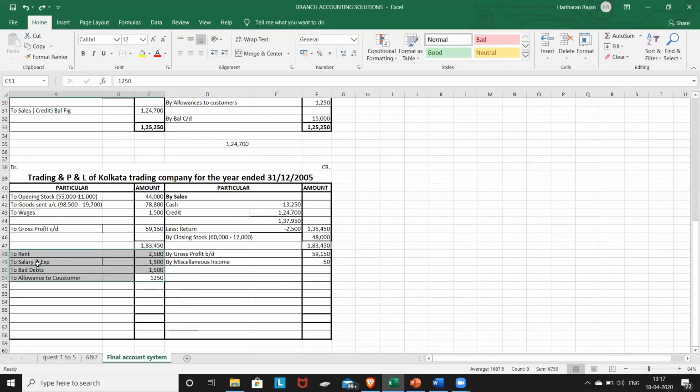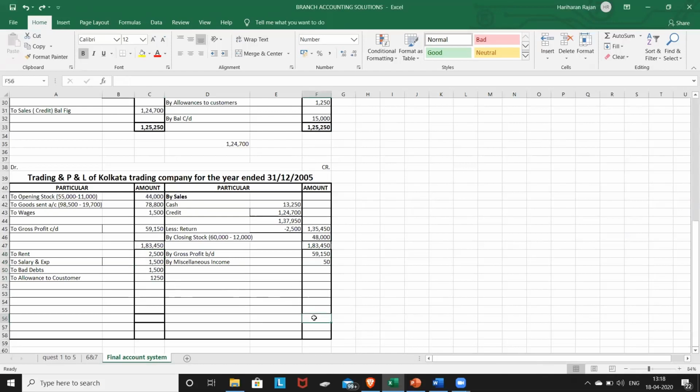So rent 2,500, salary 1,500, bad debts 1,500, allowed to customer. There is a discount which was given, that is 1,250. So highest is this side, it is 59,200. Obviously this side it is not that much, it is only 6,750.